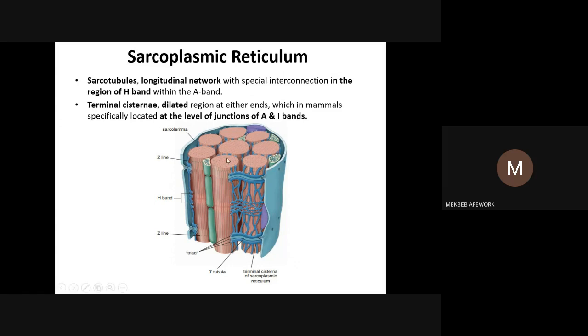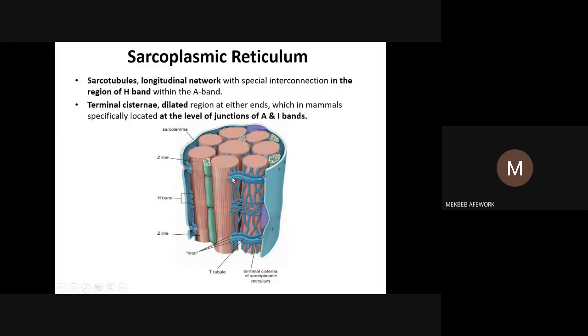Here is the I band partly, here is the A band, all this is A band. So this is one sarcoplasmic reticulum, and here part of the second one is visible. At the end of each sarcoplasmic reticulum, the tubular structure is dilated, and such a dilated end of sarcoplasmic reticulum is named the terminal cistern.